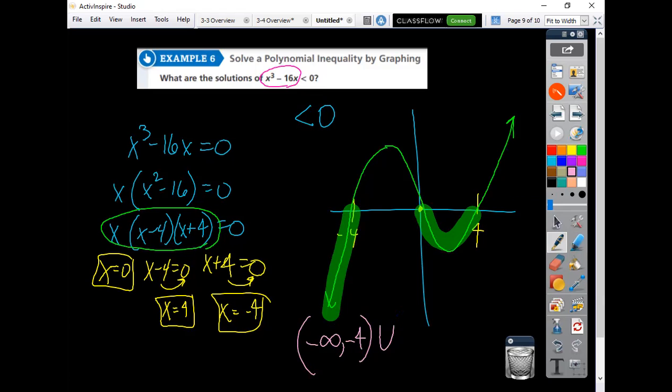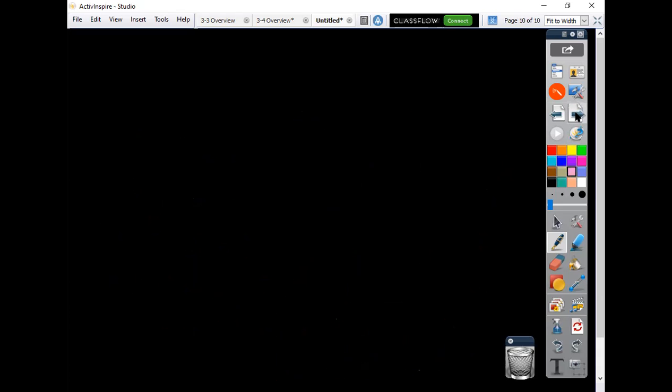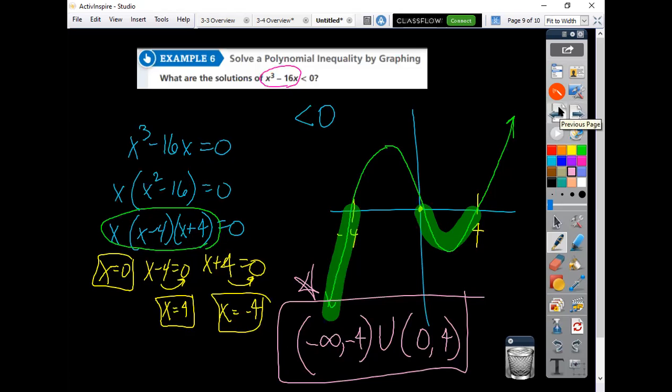In this program, some use a U in between, and then it would be over here from 0 to 4, where it was negative, or the graph was less than 0. The y's were less than 0 for an answer. So that's how that one would look for my answers for the solutions there. And with that, I believe that will finish up lesson 3-5.